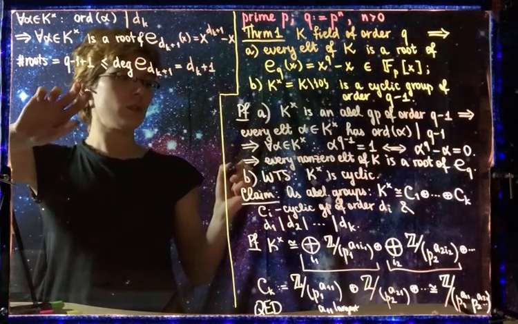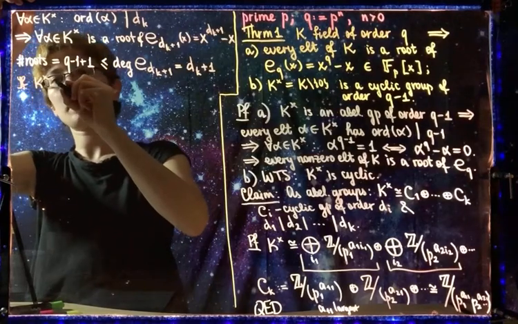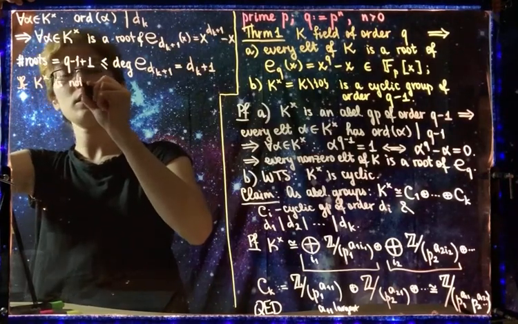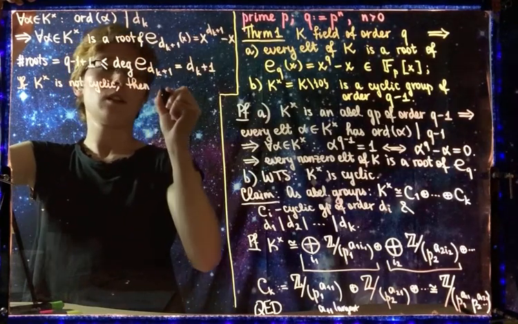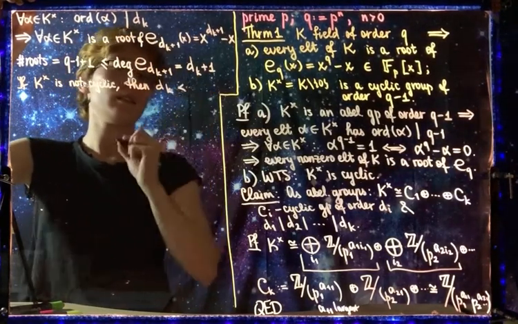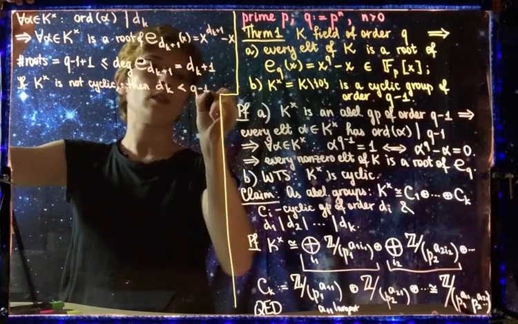So now, if I assume that k star is not cyclic, then dk is strictly smaller than q minus 1.